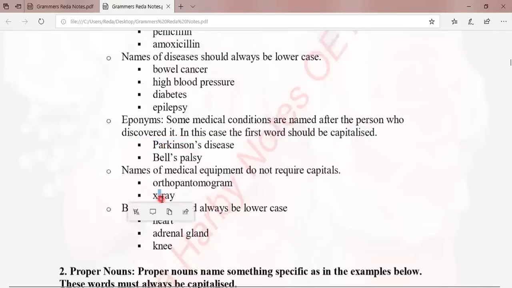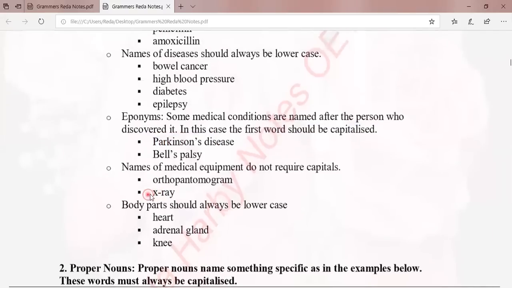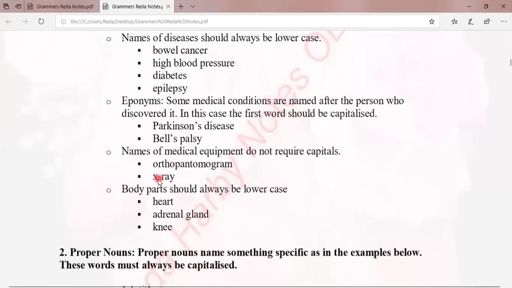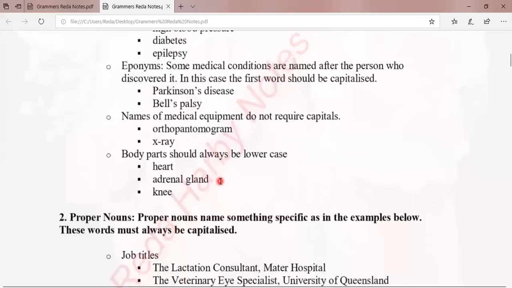X is capital and ray is small. So investigations do not require capitalization. Heart and body parts should be lowercase.